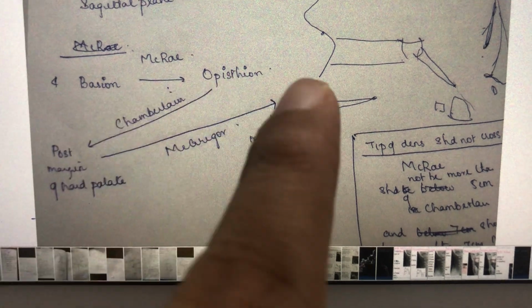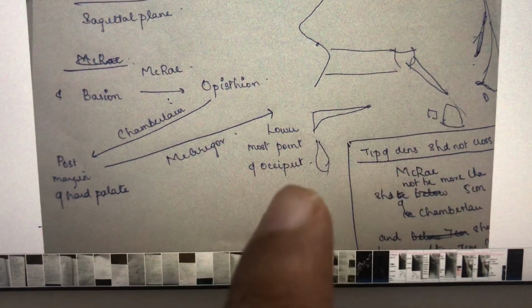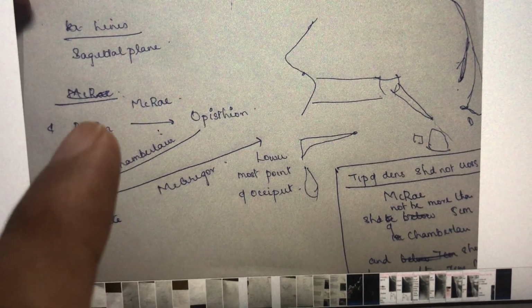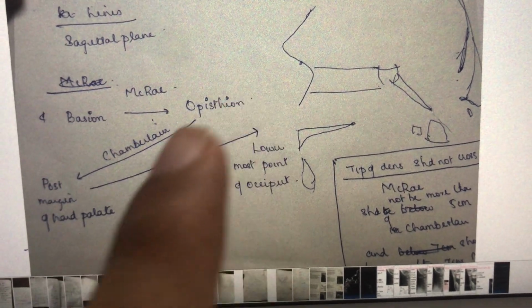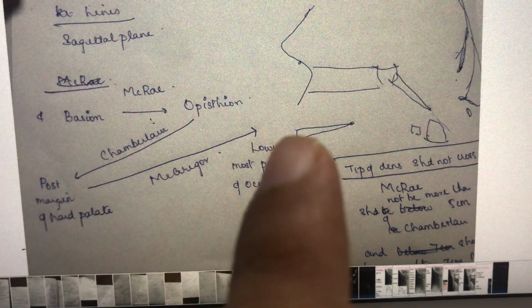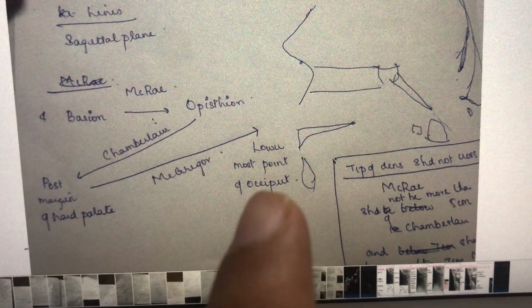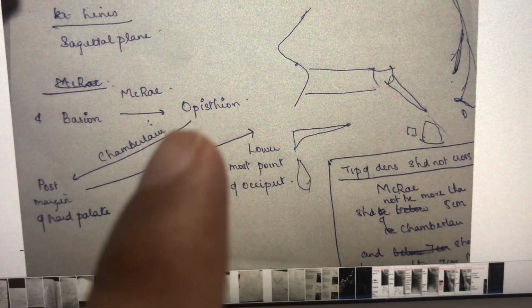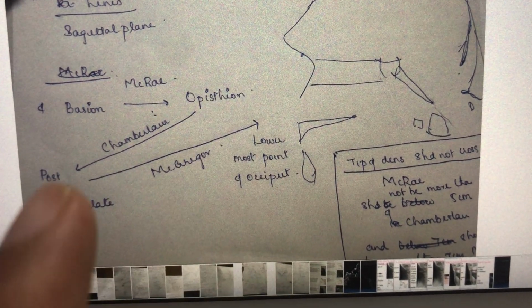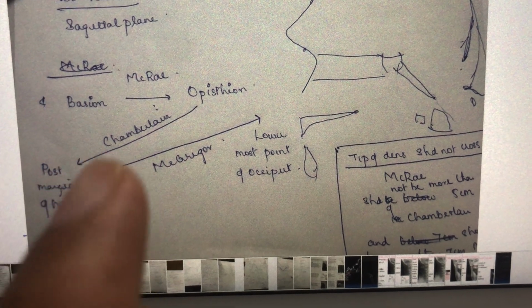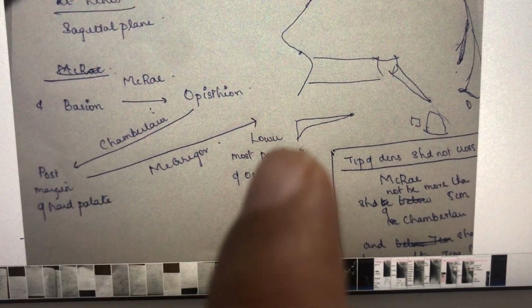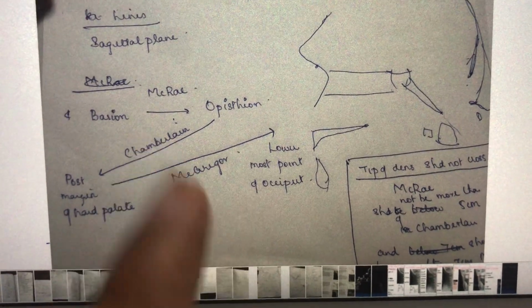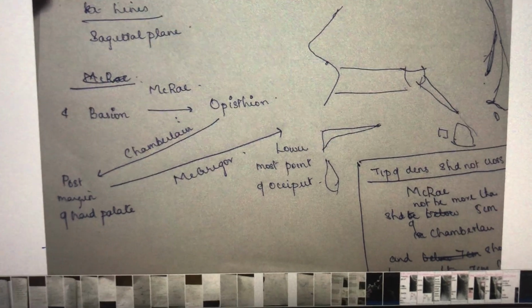These 4 points you have to remember, and draw a Z from basion to opisthion to the posterior margin of the hard palate, and the lowermost point of the occiput. So there is a Z-like thing. Basion to opisthion is McRae's line, opisthion to the posterior margin of the hard palate is Chamberlain's line, and the posterior margin of the hard palate to the lowermost point of the occiput is McGregor's line. These are the major lines by which basilar invagination is assessed.